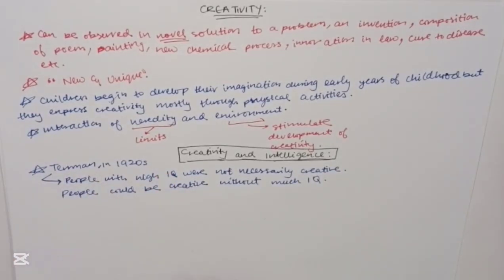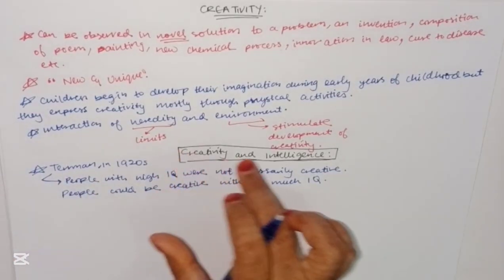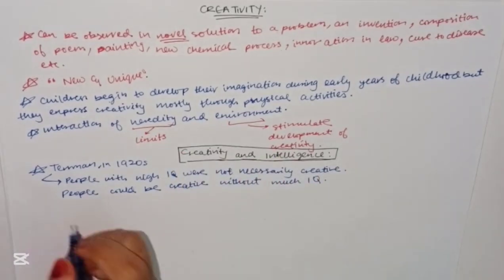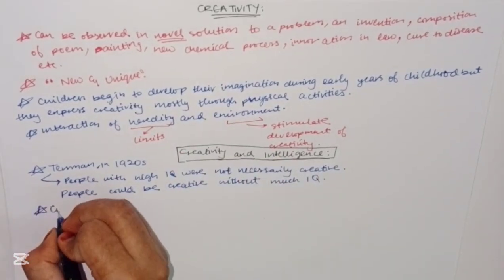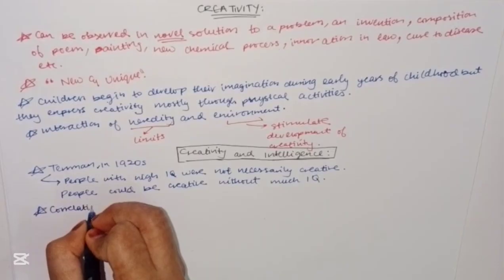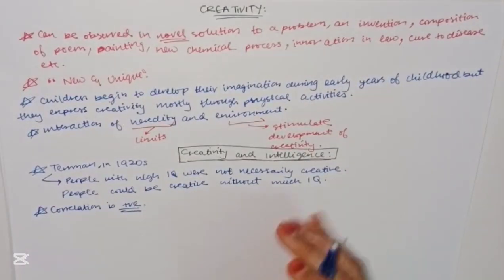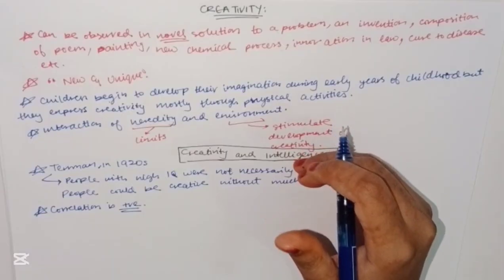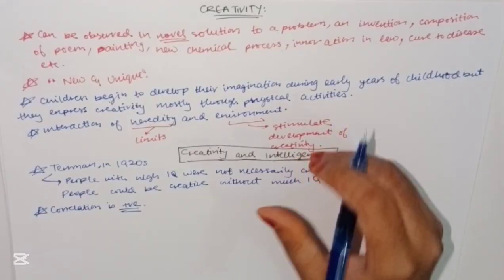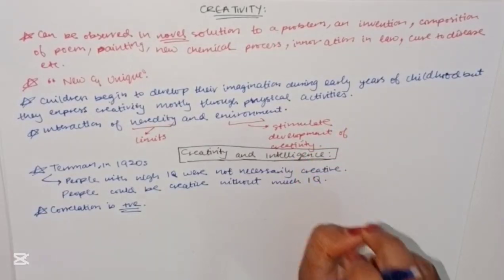Researchers have found the relationship between creativity and intelligence is positive. So what is its relationship? The correlation is positive, which means all creative activities require some amount of knowledge.